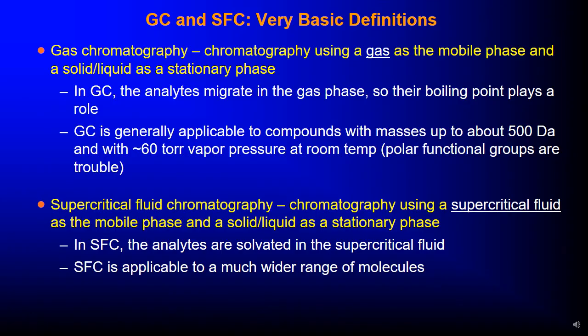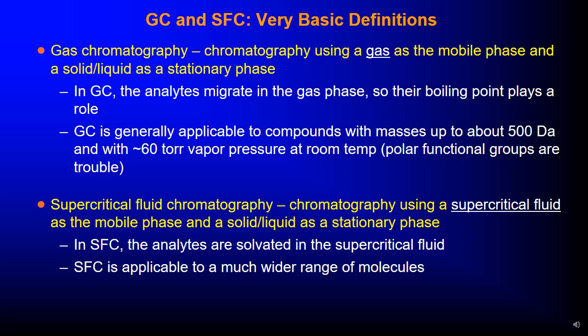Gas chromatography and supercritical fluid chromatography. Let's start with gas chromatography. It is a chromatography using a gas as the mobile phase and a solid or liquid as a stationary phase.